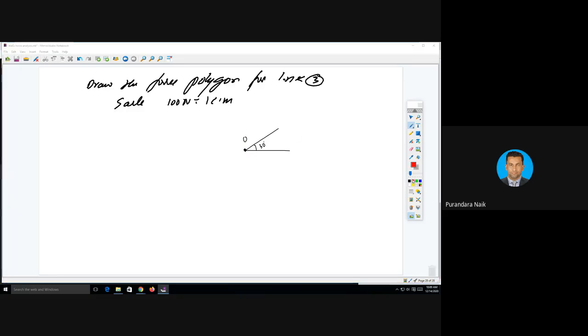Take 5 centimeter length. F is equal to 500 Newton.